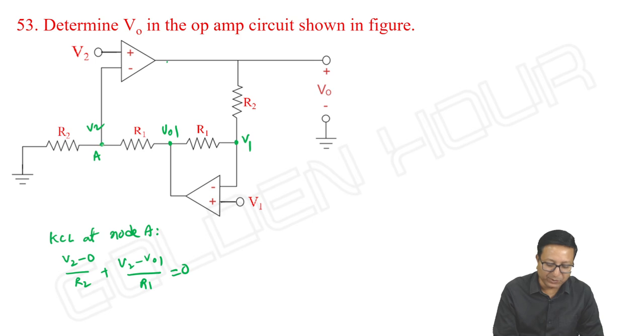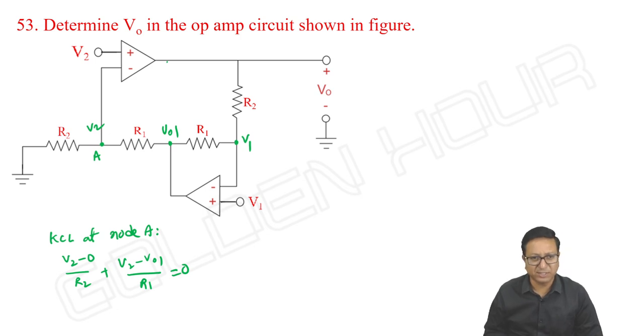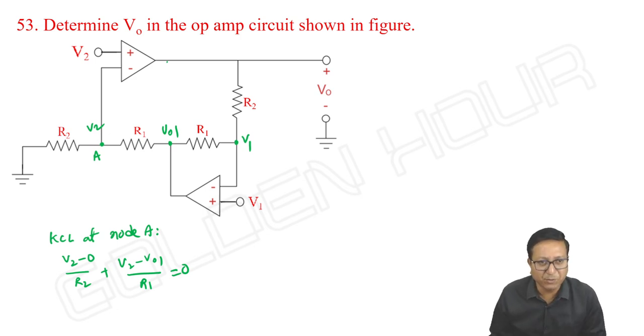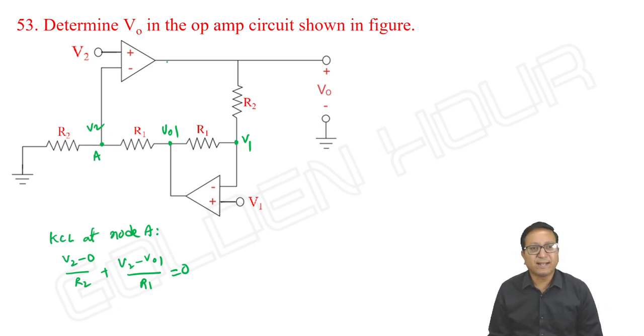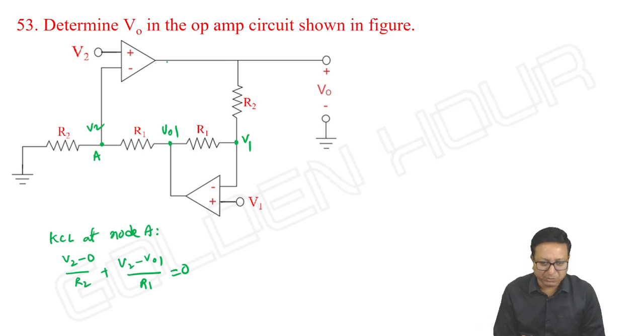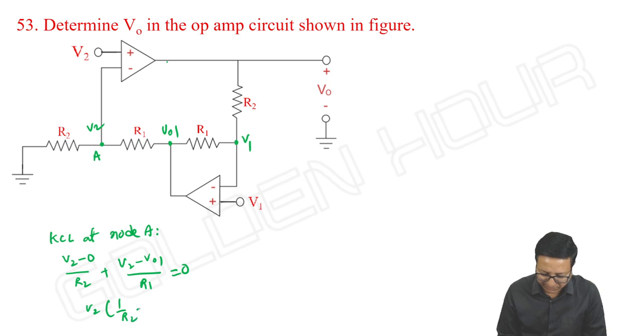What is the summary of the node equation here? 1 plus R1 by R2 into V2. That's what you are going to get here also, nothing else. V1 is equal to 1 plus R1 by R2 into V2 you will be getting. Anyway, here V2 into 1 by R2 plus 1 by R1 is equal to VO1 by R1.